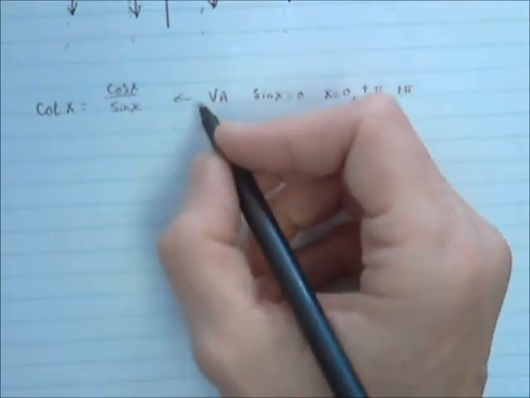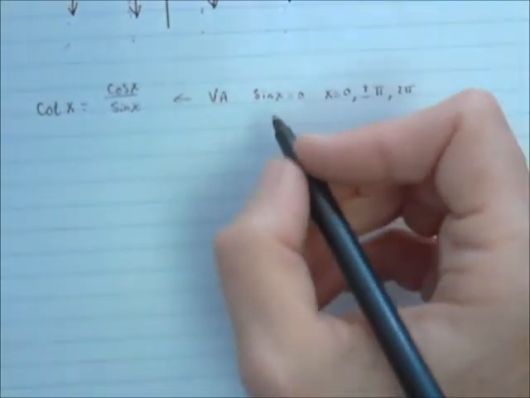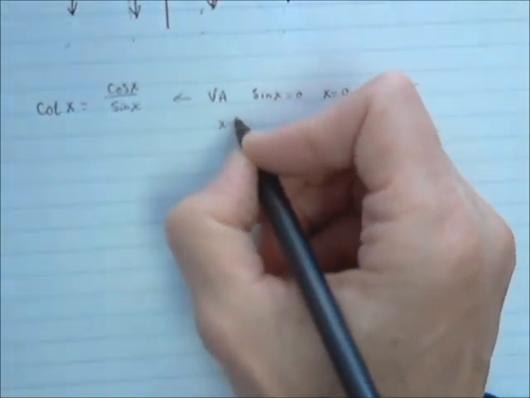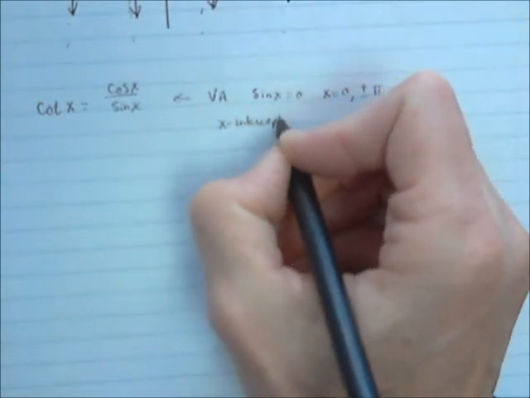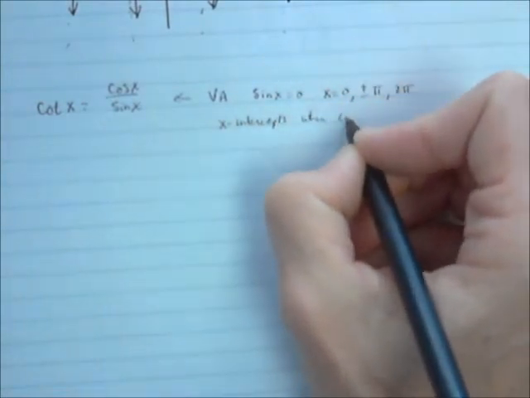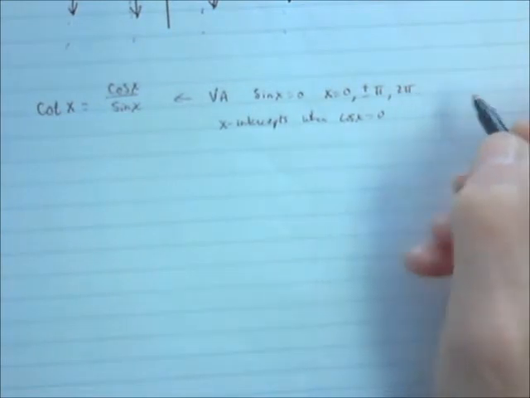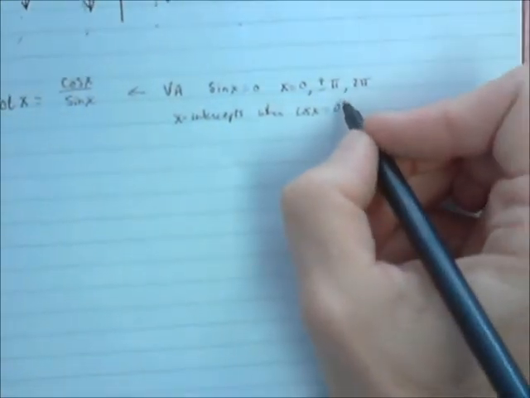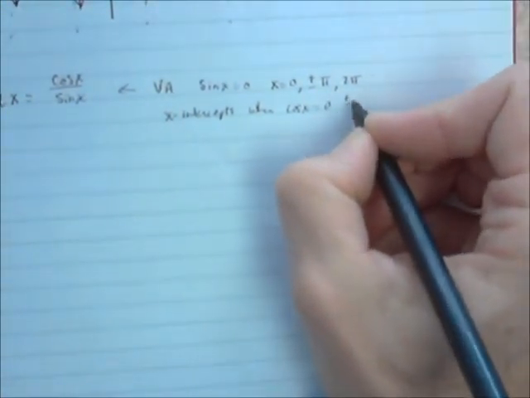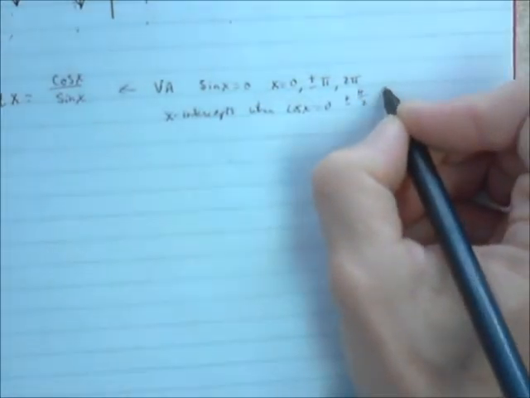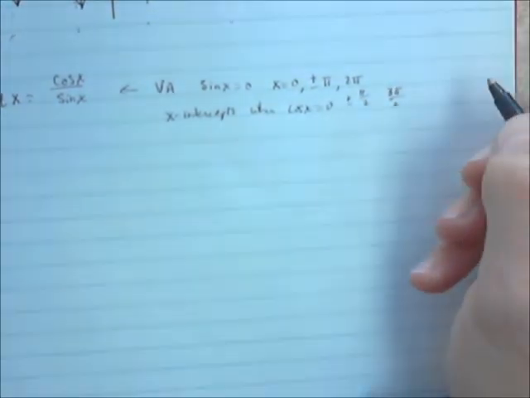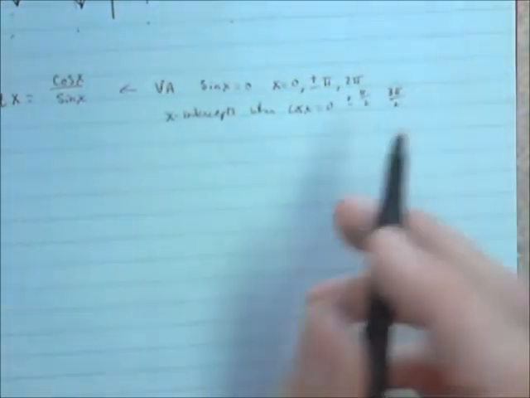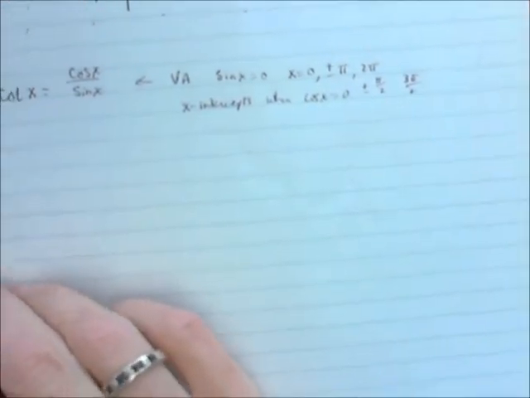It has x-intercepts when the cosine is 0. And the cosine of x is equal to 0 at plus and minus pi over 2, 3 pi over 2, 5 pi over 2, 7 pi over 2. You could keep going.